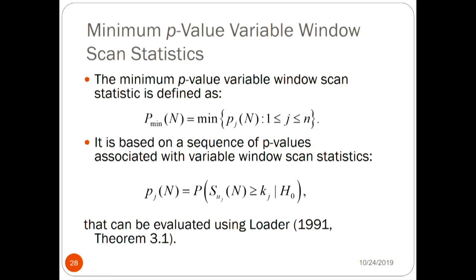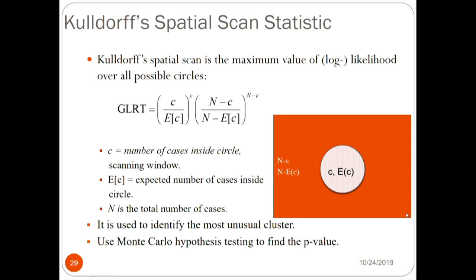You saw this formula before for the one-dimensional scan statistic, and we extend that to the two-dimensional variable window scan statistic. The only difference is the distribution of the scan statistic, so I have to use a different formula to calculate the p-values. Now, this is the cutoff spatial scan statistic, and this formula is based on the generalized likelihood ratio test.